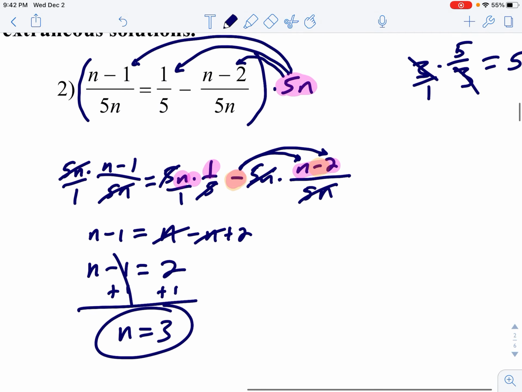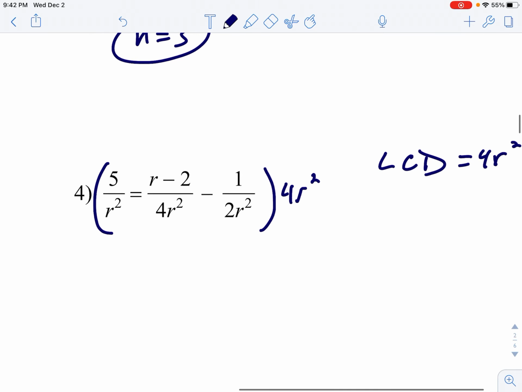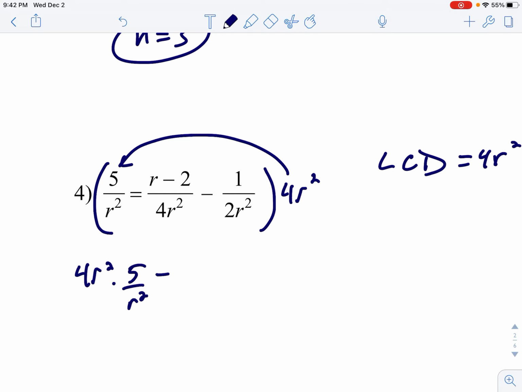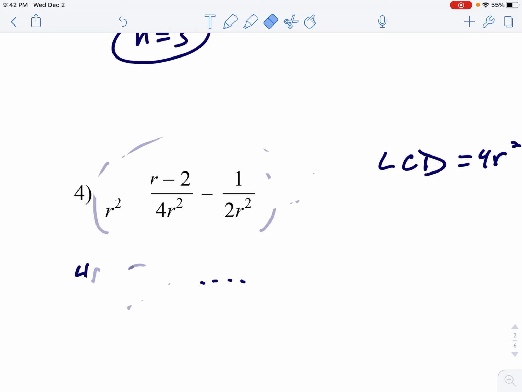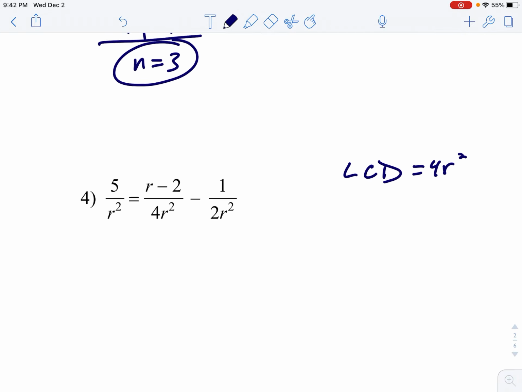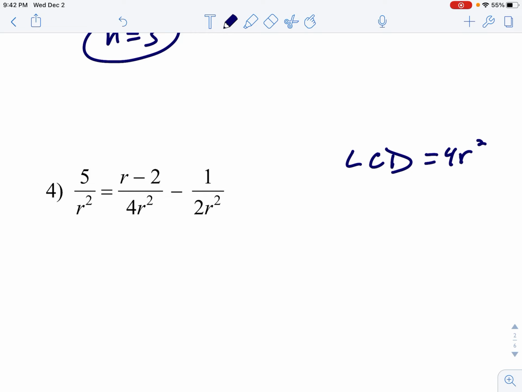Now I can do what I did up here, where I distribute here, I write 4r squared times 5 over r squared, bring down the equal sign, and so on. There is a little shortcut, a skip step, something to make you do less writing. It just depends on how neat you want it to be. Since you see 3 terms here, they all need to get multiplied by the common denominator, 4r squared.